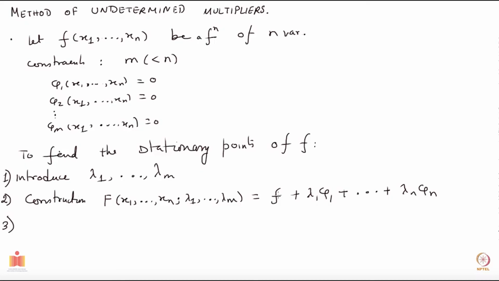But now in this case, you again take the partial derivatives of capital F with respect to all the variables and equate them to 0. So it's exactly like the original thing, but instead of acting the partial derivatives on small f, you act them on capital F. So let me write it down.